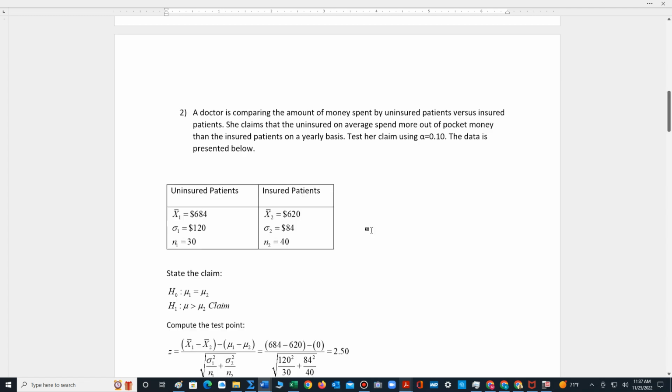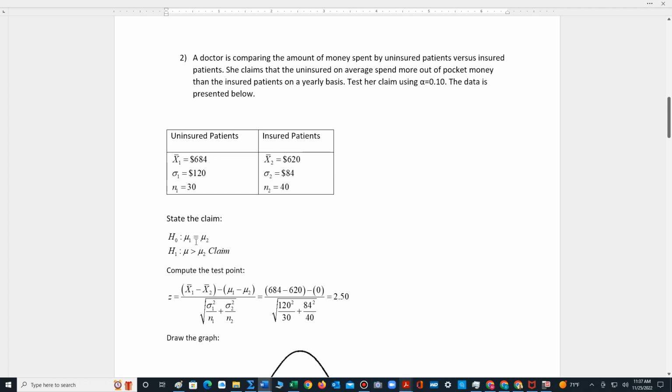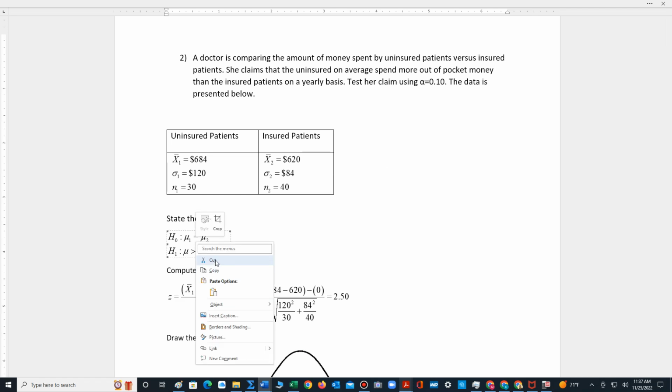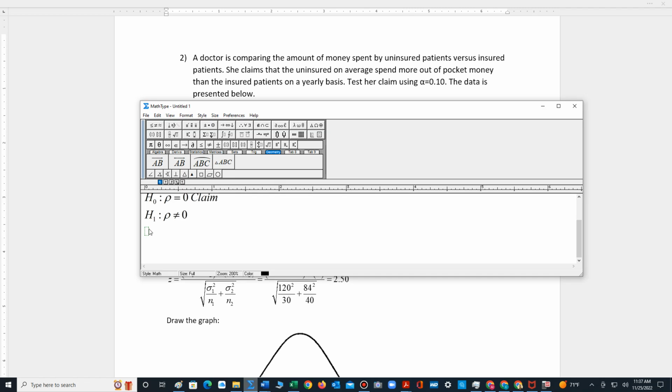And here we are provided with the summarized data. So we have the uninsured patients, insured patients. And the claim, and once again I have to modify this because we need to ensure we have subscript 1 for the mu.